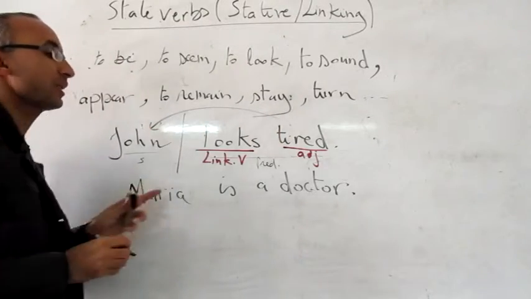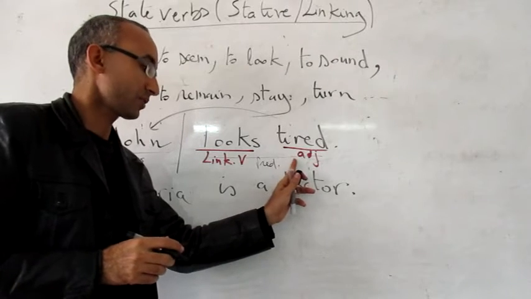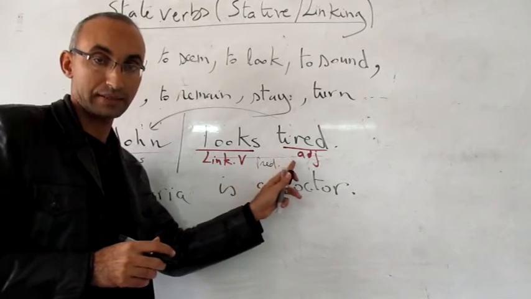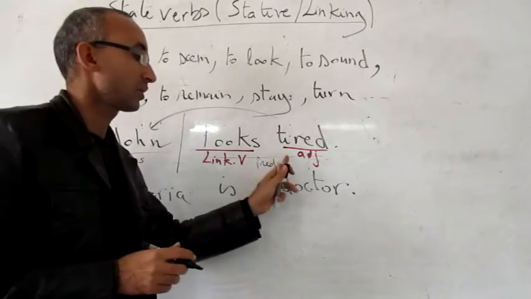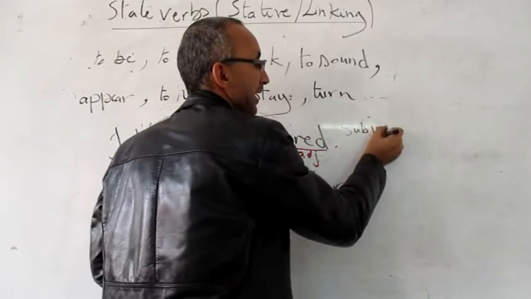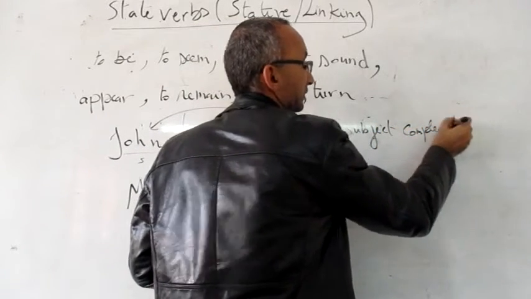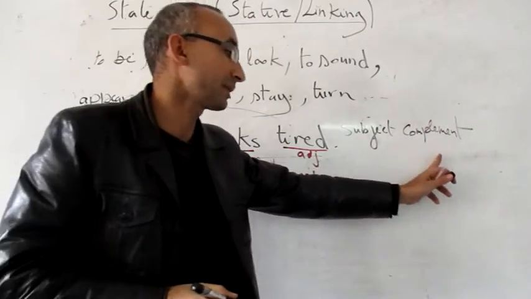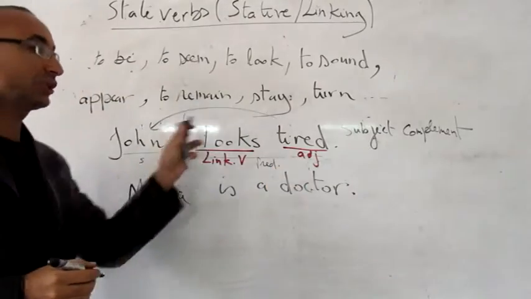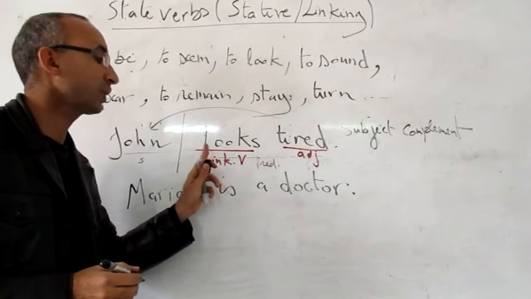Now this adjective, which comes after any linking verb to modify the subject, to refer to the subject, is called what? Subject complement. Now this one refers to the subject. It's called subject complement. And this verb is called what? Linking verb. Why?